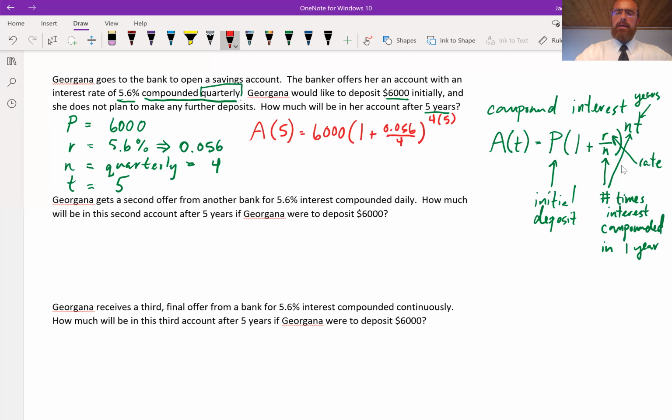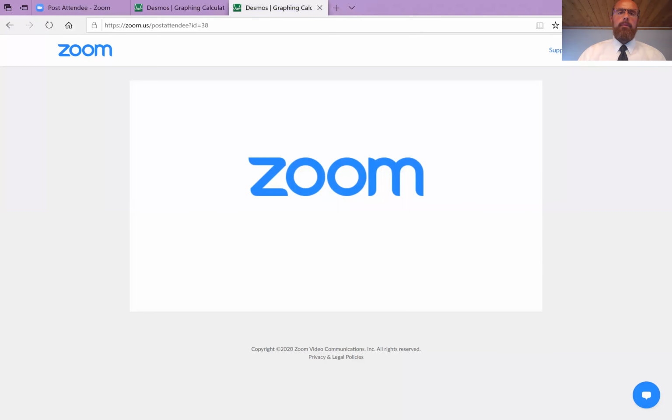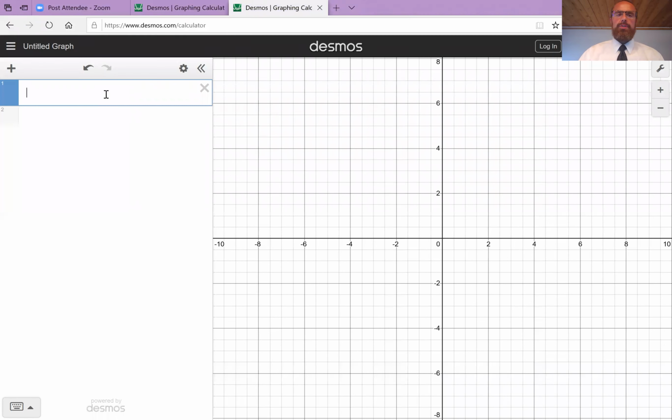Now that's the setup. What we need is an approximate value. So let's head over to our calculator to put the burden of this calculation on Desmos. And we'll just type that in. We're only going to use this feature on the left just now as we wrote it.